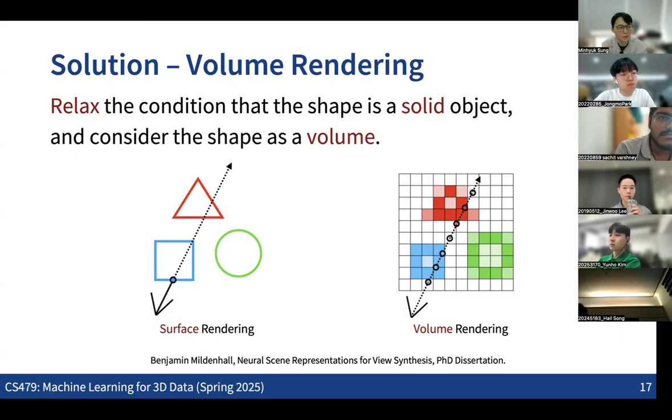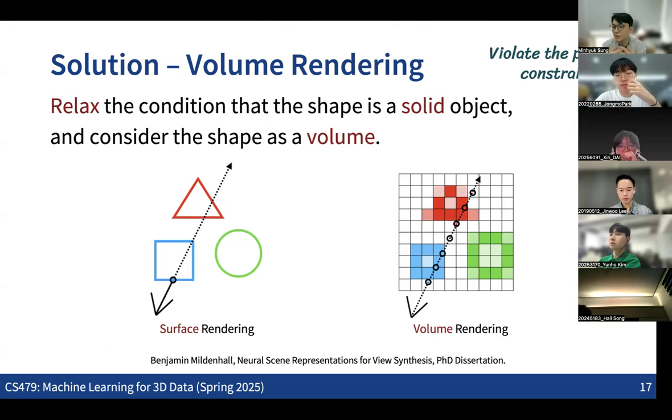While many of the 3D things that we are reconstructing will be solid objects, now we are seeing everything as some kind of volume, in the sense that the ray can penetrate through all the objects. So now we see all the 3D objects as something like a fluid, like a liquid, or some smoke, in a way that the rays can pass through inside the object.